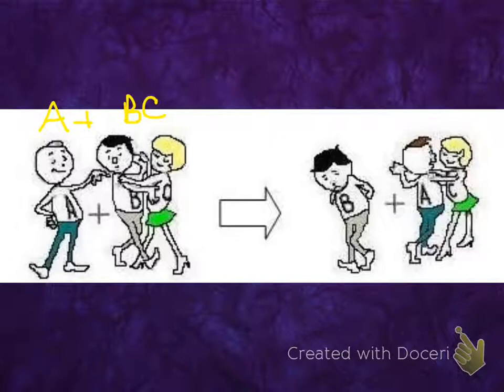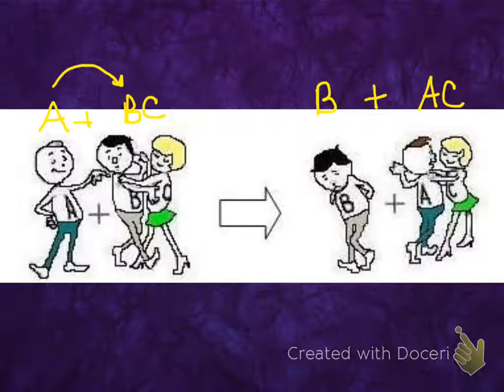And what happens is then A takes B's place, and we end up with B all by himself and couple AC. Okay, so when you think about single replacement, think about a single person taking someone else's place in a couple.